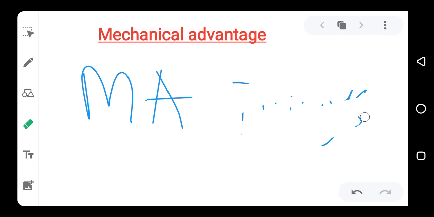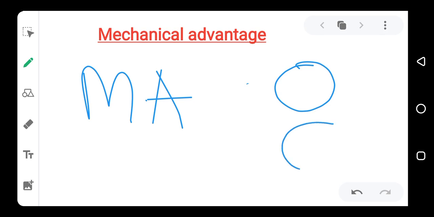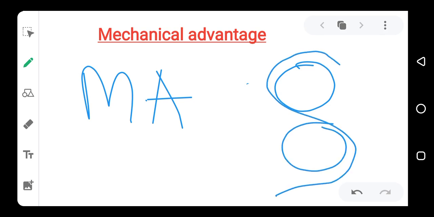Now pulleys. If you have ever seen a crane, in a crane we have something that looks like a wheel and we have a rope that passes through it. You pull one end and it moves something up or down.